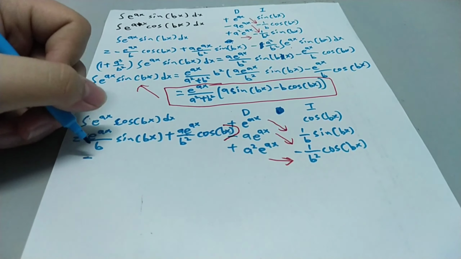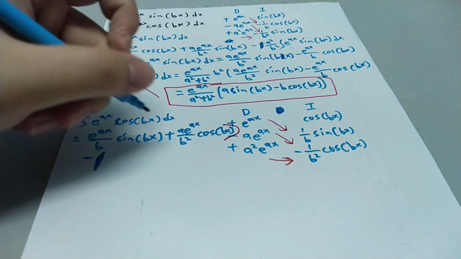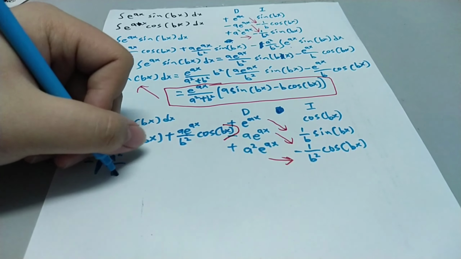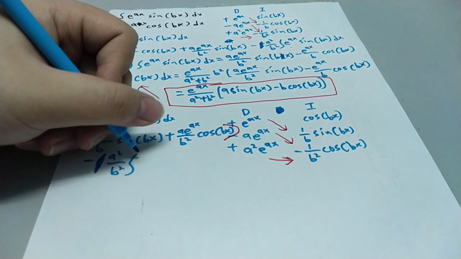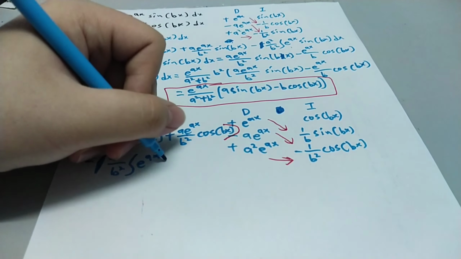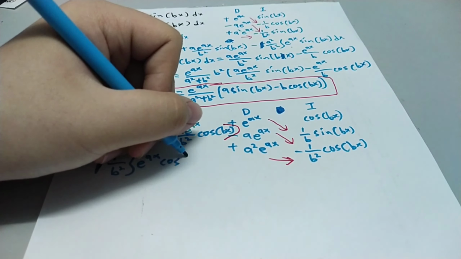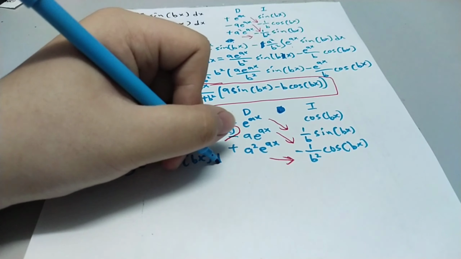And then minus a squared over b squared times the integral of e to the ax times cosine of bx.